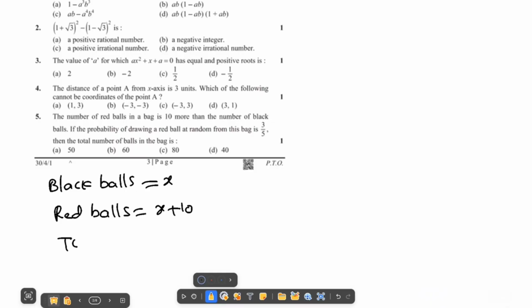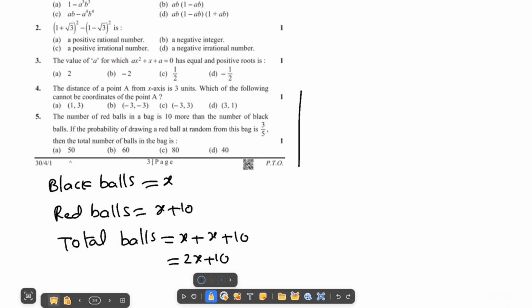Now the total number of balls is black balls x and red balls x plus 10. So total it is equal to 2x plus 10, right? Now here the probability of red balls is given. The probability of red balls is 3 by 5. But how do you get the probability of red balls? Number of red balls by total balls.